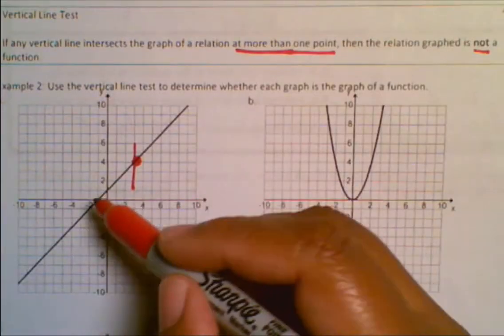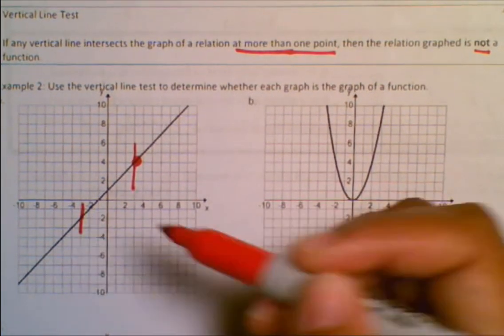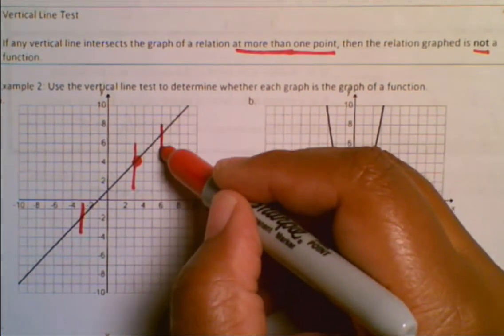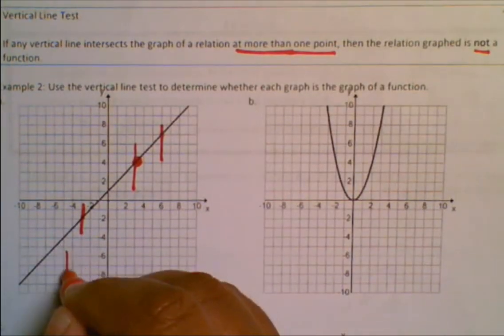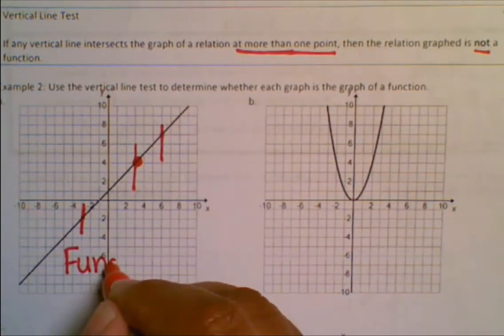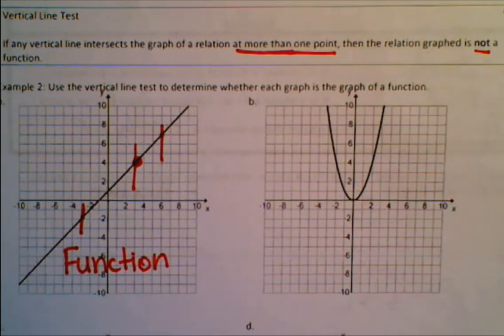Really, it's just one point. One point touches the line. We have a point here. If we draw another vertical line, we have a point there. So it's just one point that's touching the line. So if one point is touching the line, then we would say that this linear equation is a function.